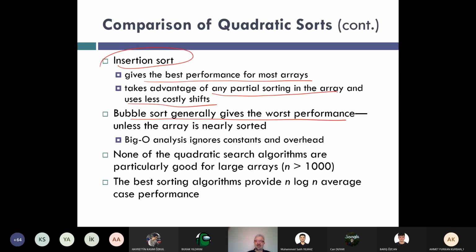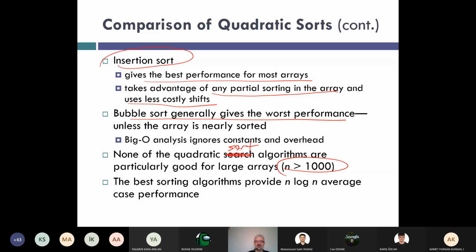So quadratic sort algorithms are not good for larger arrays. Try to use n log n algorithms like merge sort or quick sort instead of these quadratic sort algorithms.